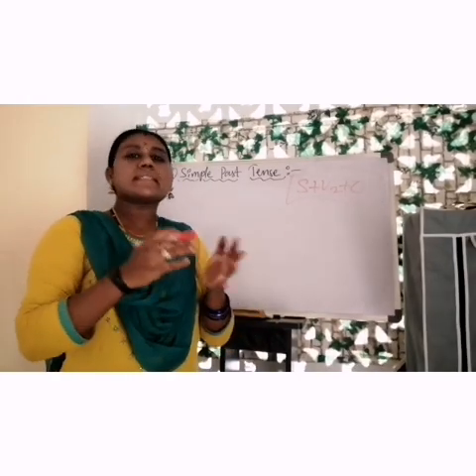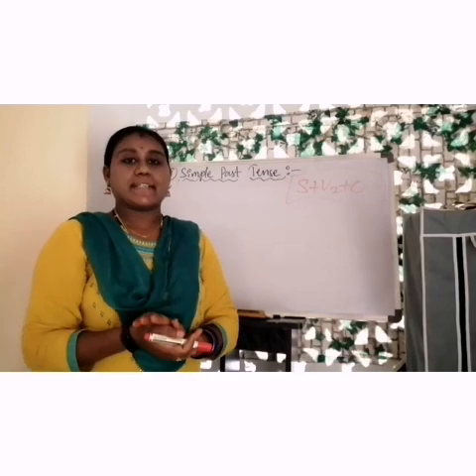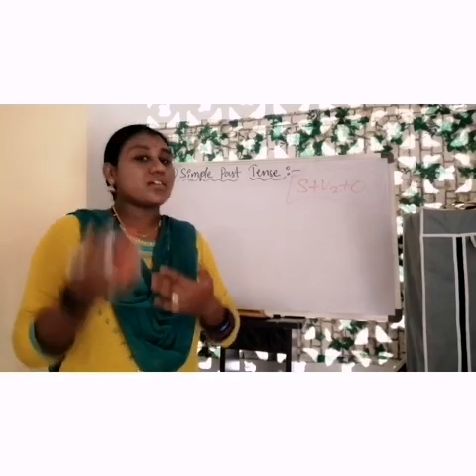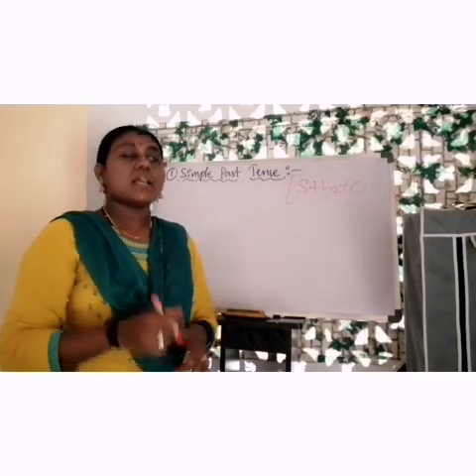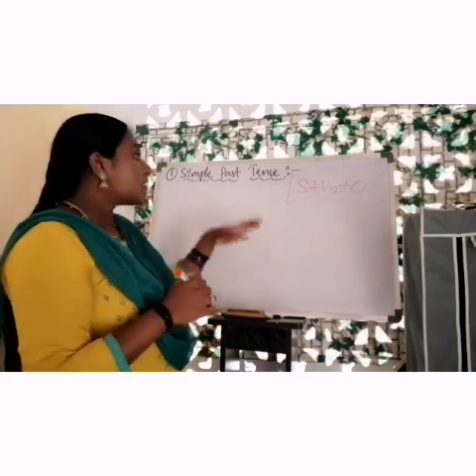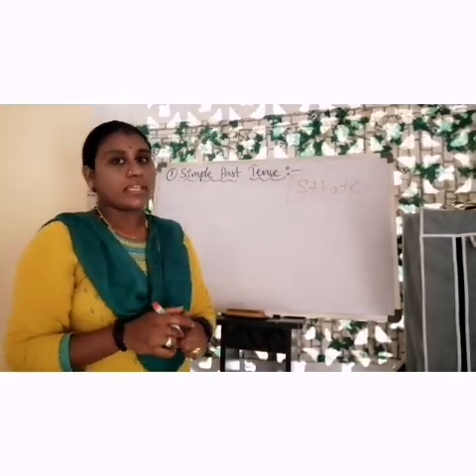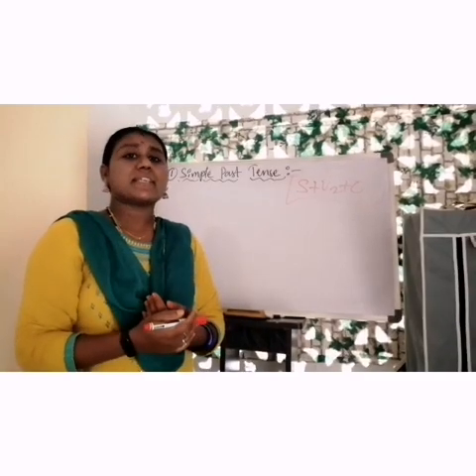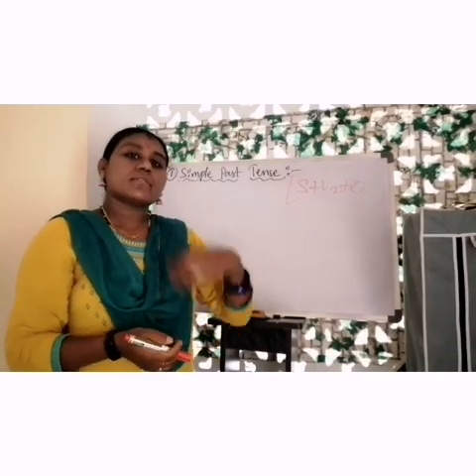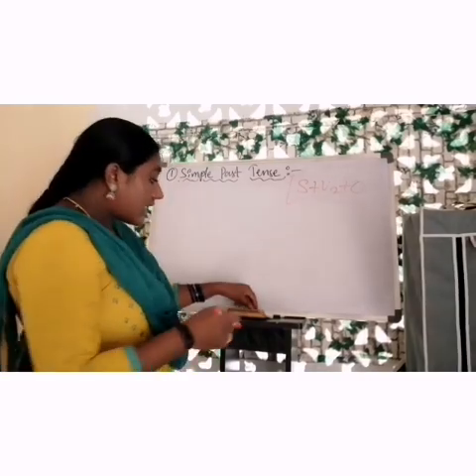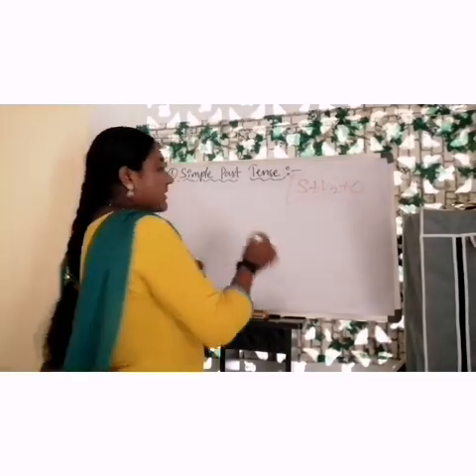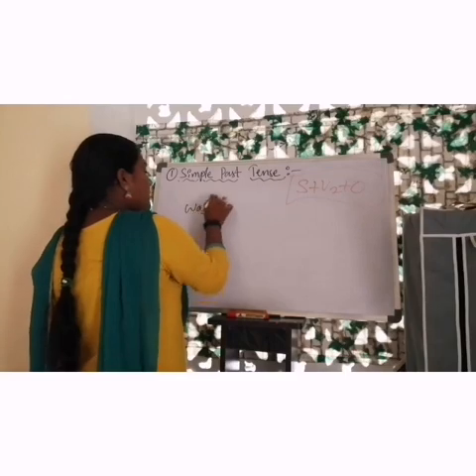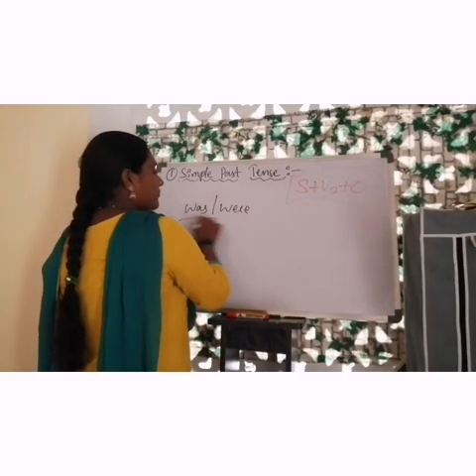So all these sentences are assertive sentences. Assertive means we are confirming it as a statement. But for some confirmative sentences, we use helping verbs also. The helping verbs to be used in simple past are was and were.